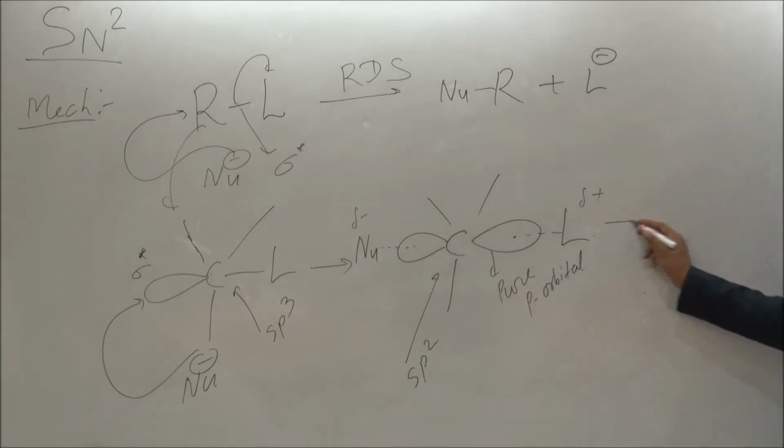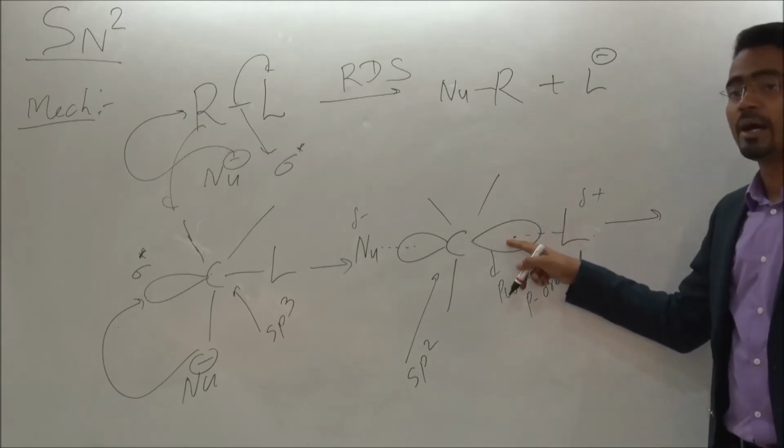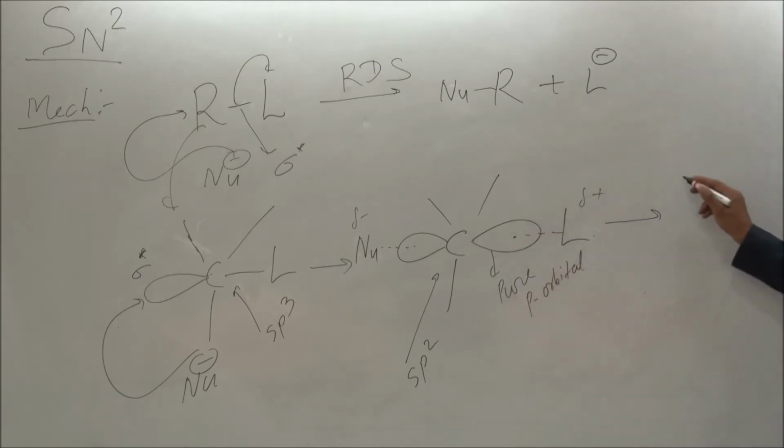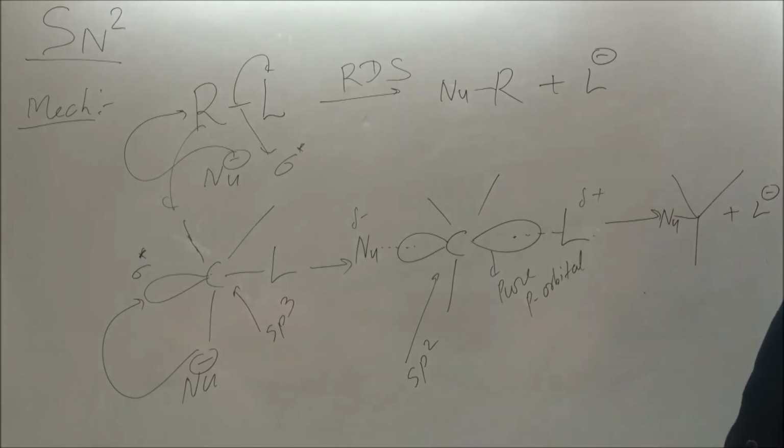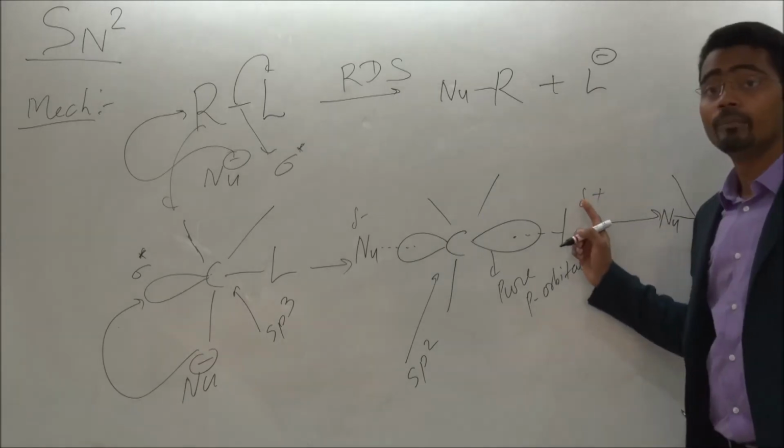Now this bonding orbital becomes anti-bonding, and the product will be like this. Here the nucleophile and leaving group, and here will be the sigma star of this bond. Sorry, it is a mistake. Good. So it has no delta plus.